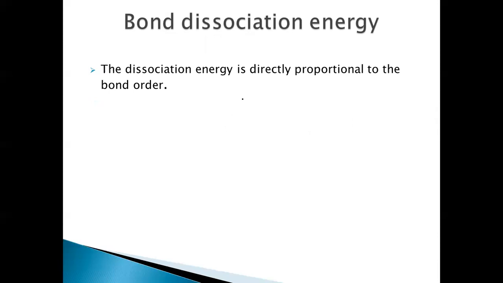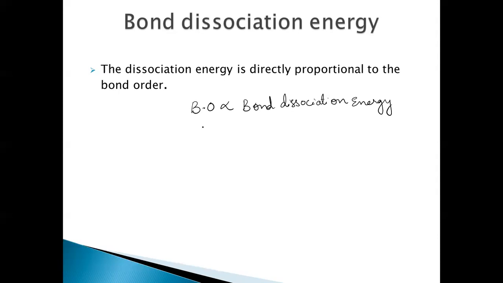And here, the bond dissociation energy is directly proportional to the bond order. So bond order is directly proportional to what? Bond dissociation energy. That's right. If the bond order is more, then definitely the bond dissociation energy will be more. That means the amount of energy required to break the bond will be more.